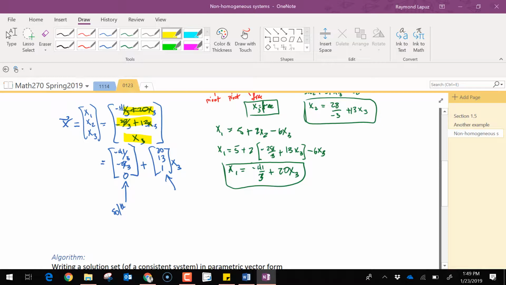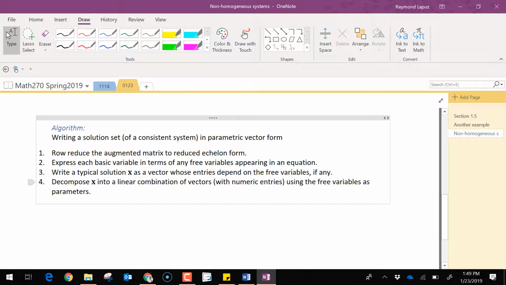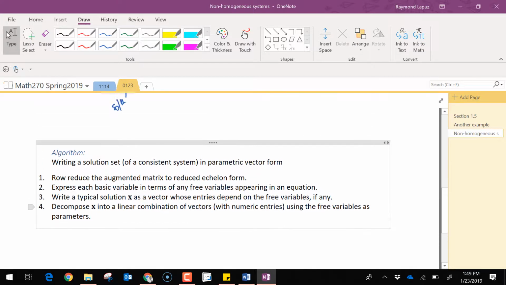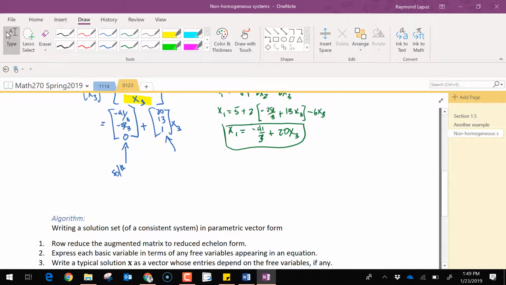We're writing our solution as x1, x2, x3, but instead we write what x1 is equal to, something with an x3 in it, etc. And then decompose x into a linear combination of a vector with numeric entries and a free variable as a parameter. So this is a vector with numeric entries, and then this is your free variable with the vector multiplying. Okay? So that's how you would solve for these systems.